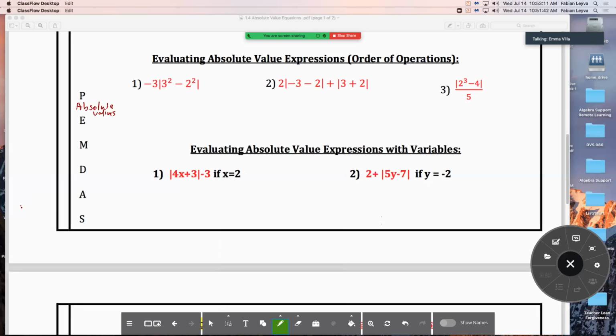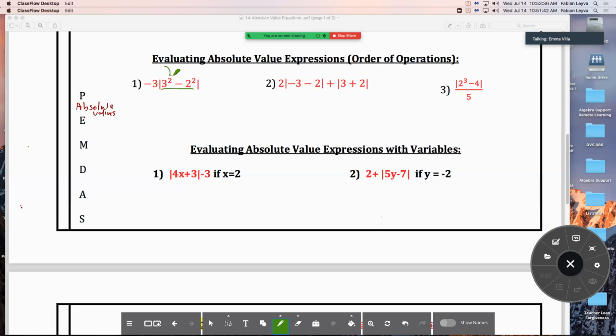As I read this, this is -3 times the absolute value of something. You need to figure out what the something is and take the absolute value of it. So I'm going to concentrate on everything inside of this absolute value, simplify it, and then take the absolute value and deal with the aftermath. Looking at everything inside there, what I've underlined, are there any parentheses? The answer is no. Are there any exponents?